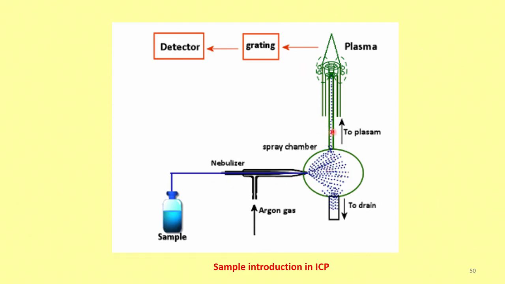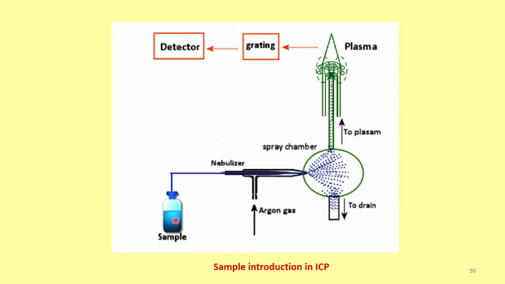This aerosol enters near the plasma, and in the plasma toroidal space the sample enters, gets excited to higher energy levels, and then emission takes place, and the emitted radiation is separated by the grating, which is collected by the detector.